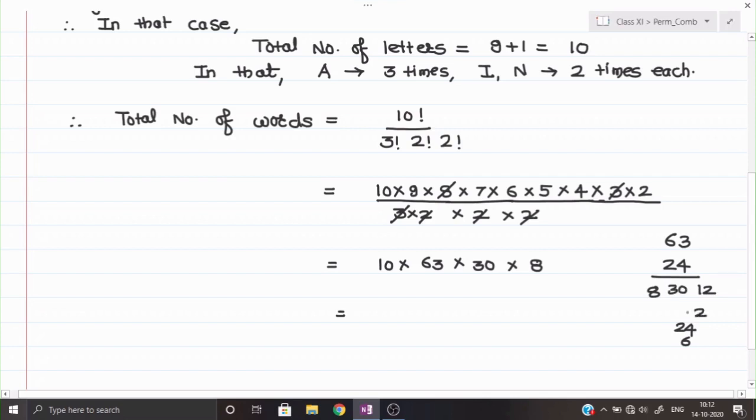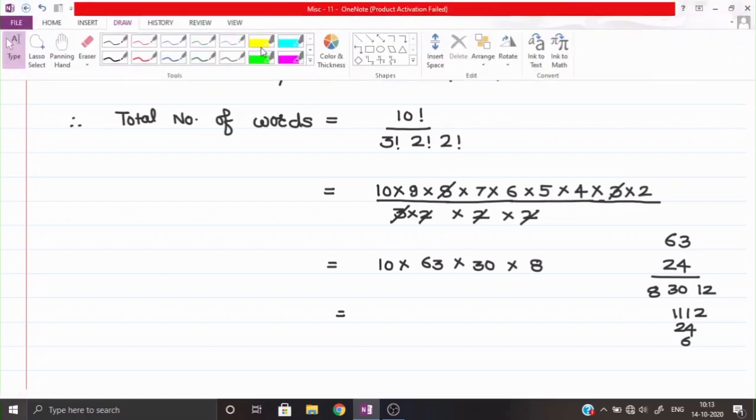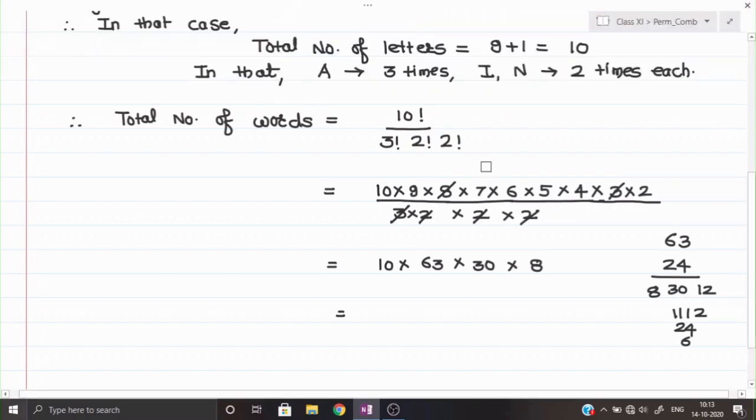I am getting here 1112. Maybe it is wrong. Once we need to check over here. Okay, so let me rub it out and check it once again, because somewhere the calculation may be wrong. So we will check it another way if our calculation is coming out wrong.